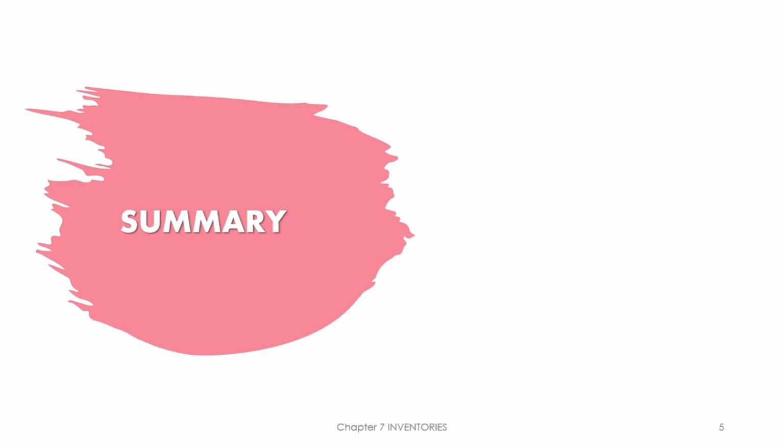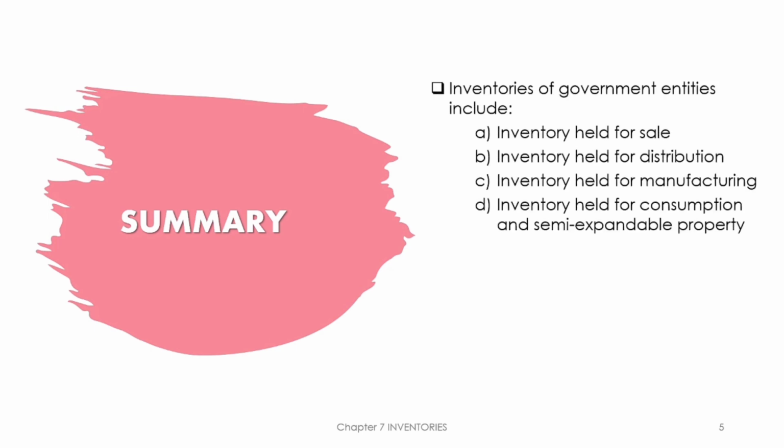Before we end this video, let us first have a brief summary for Chapter 7 under Inventories. So first, inventories of government entities include inventory held for sale. Examples are medicines for sale in government pharmacies. Second, inventory held for distribution, meaning it distributes such as rice and other welfare goods. And then inventory held for manufacturing.